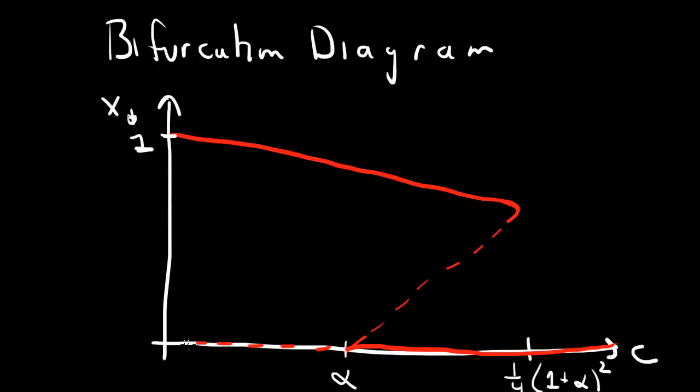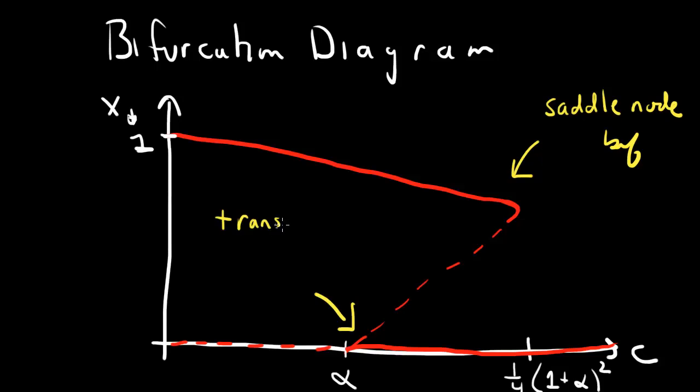And at this point, x star equals 0 must become unstable. So we've got 2 bifurcations here. We've got this one, which is called a saddle node bifurcation. And we have this one, which is called a transcritical bifurcation.